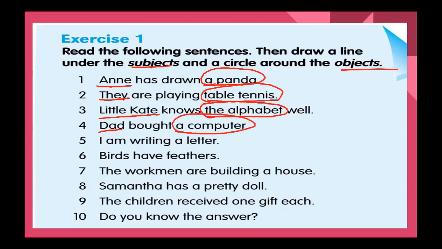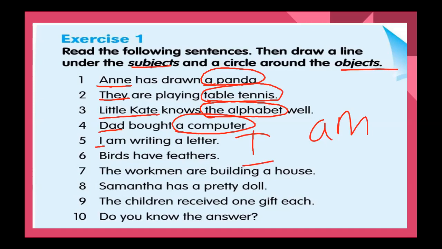Very good. Now next, I am writing a letter. A letter is the object. Yes, I is the subject. I am is not the subject over here. Pay attention. I और am दो अलग अलग words है. Usually जब हम स्कूल में थे हमसे हो जाती थी mistake.